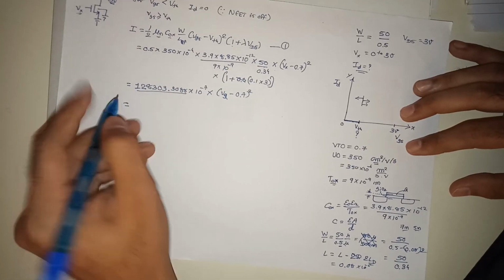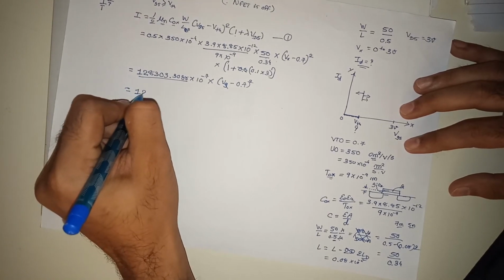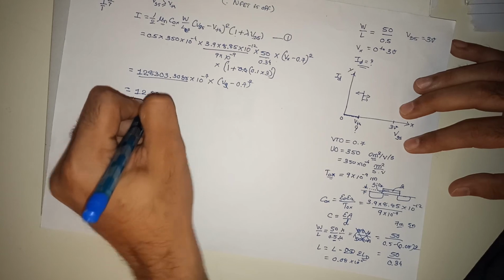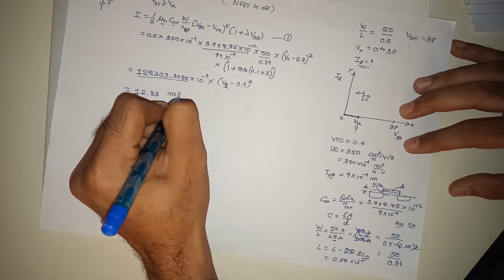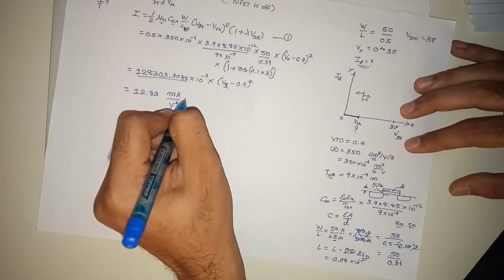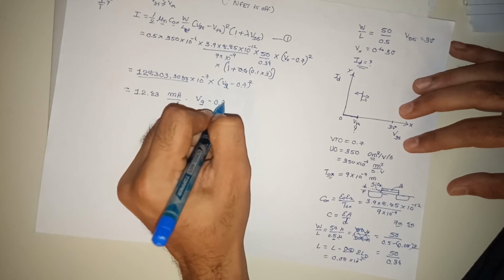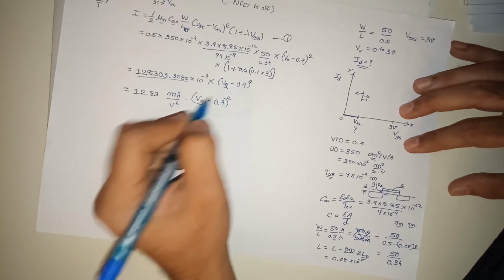And if you convert it into the proper form, you will get 12.83 milliampere per volt squared into Vg minus 0.7 squared.